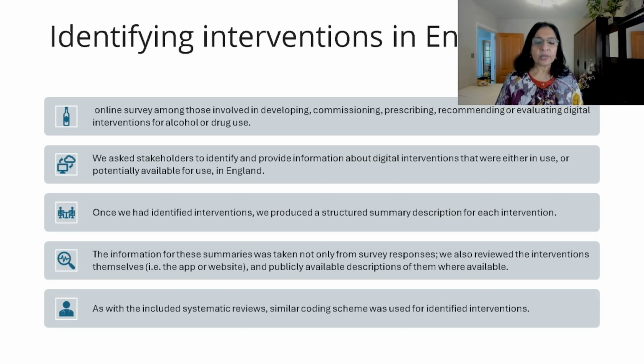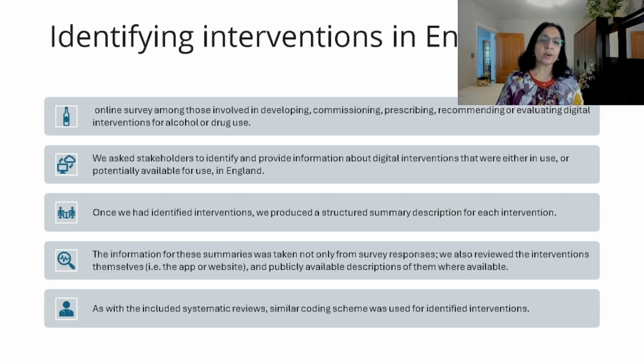We asked stakeholders to identify and provide information about digital interventions that were either in use or potentially available for use in England. Once we had identified interventions from stakeholders, we also looked at some of the apps and websites associated with these interventions and prepared a structured summary.